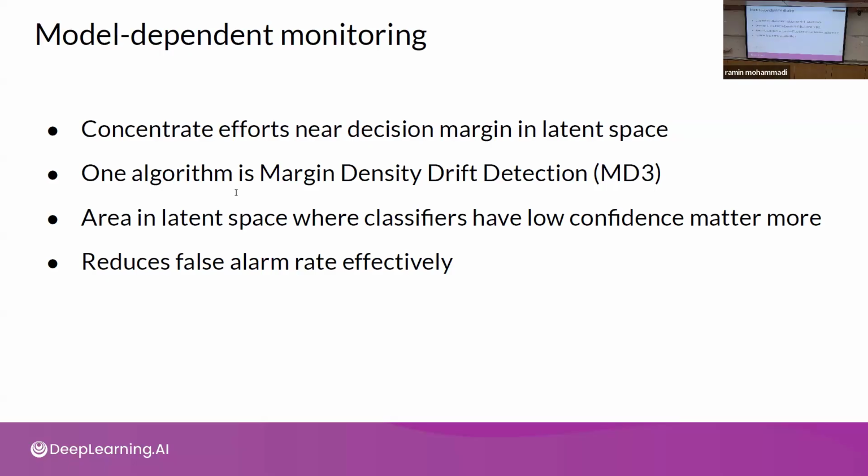And during training and validation, you have a sense that only, say, 10% of the data fall in this region. Normally, this is the region where, for a binary classification with sigmoid, the model just gives you something close to 0.5.